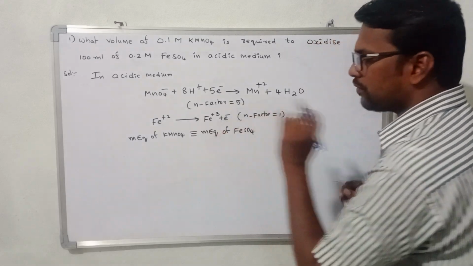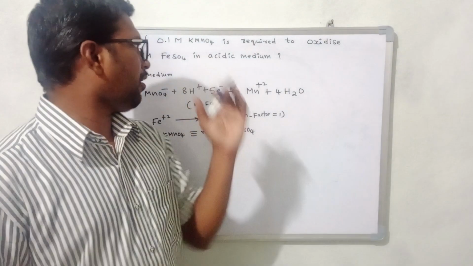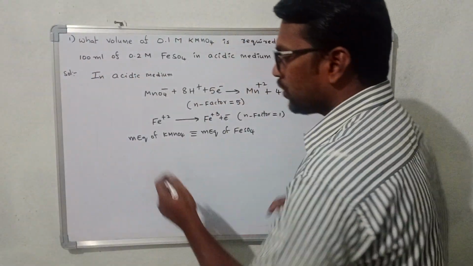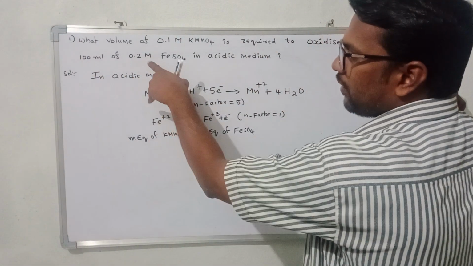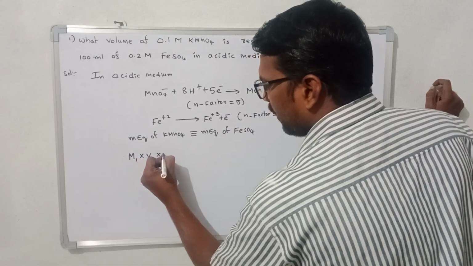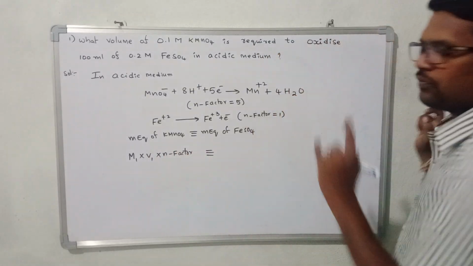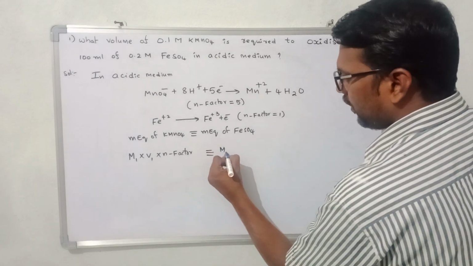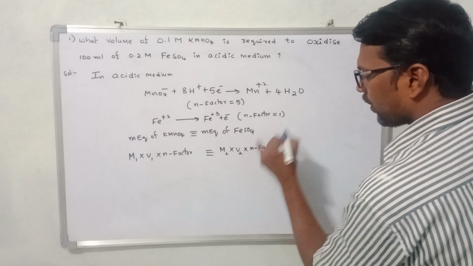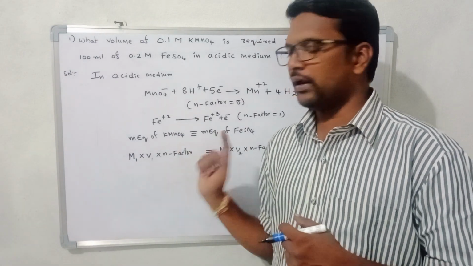Generally milli equivalents are normality into volume, but here the concentration is given in molarity, so we apply molarity: molarity into volume into N factor for KMnO4, and the same for FeSO4: molarity M2, volume V2, and N factor for FeSO4. If normality is present, then we take N1 V1 instead, like that.